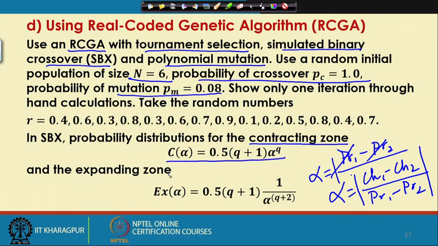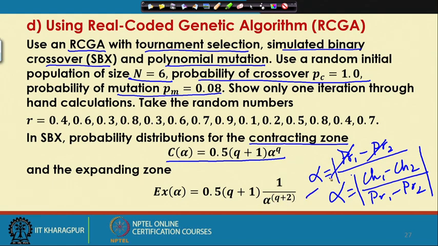Similarly, for the expanding zone, the expression is E(alpha) equals 0.5 multiplied by (q plus 1) multiplied by 1 divided by alpha raised to the power (q plus 2).